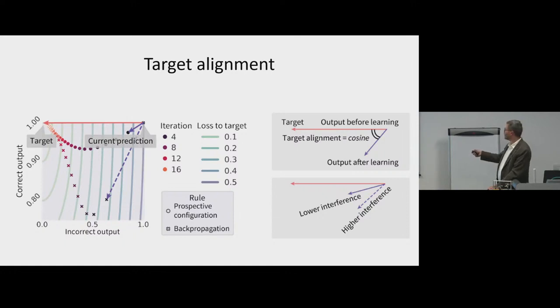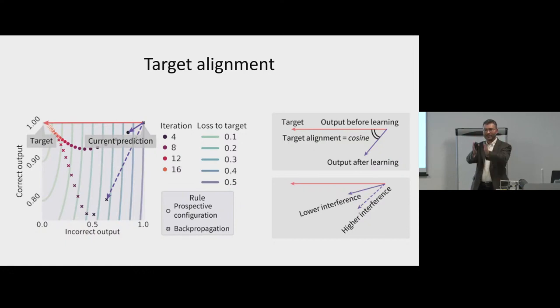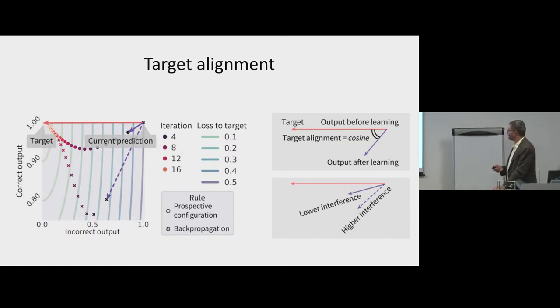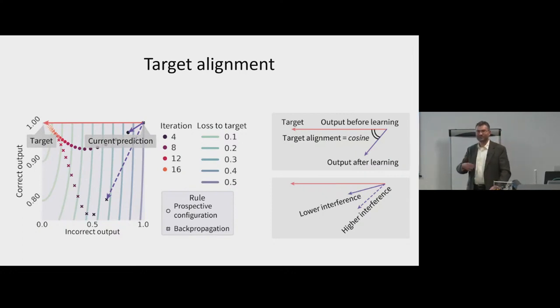Yes? So this is basically where the network should go. This is where it actually goes in the output space. And we define target alignment as a cosine of this angle. So if it's 1, we go perfectly towards the target. If it's 0, we go orthogonally. So basically, high target alignment is low interference. Low target alignment is high interference in learning.